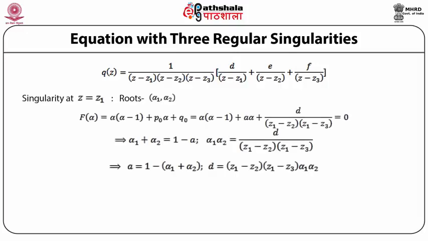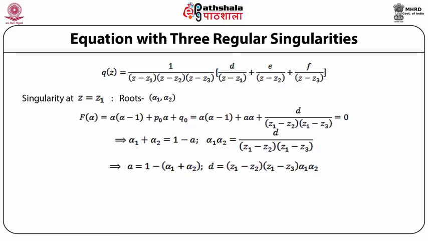For the regular singularity at z equal to z1, the indicial equation given by f(alpha) equal to alpha into (alpha minus 1) plus p naught alpha plus q naught takes the form f(alpha) equal to alpha into (alpha minus 1) plus a alpha plus d by (z1 minus z2)(z1 minus z3) equal to 0.